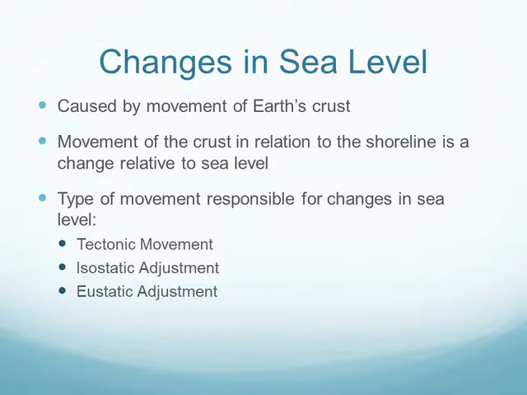So over time, there have been a number of different changes to sea level, to the coastline. And sometimes the sea level is higher. So the coastline, because the sea level is higher, it takes up more of the land space.